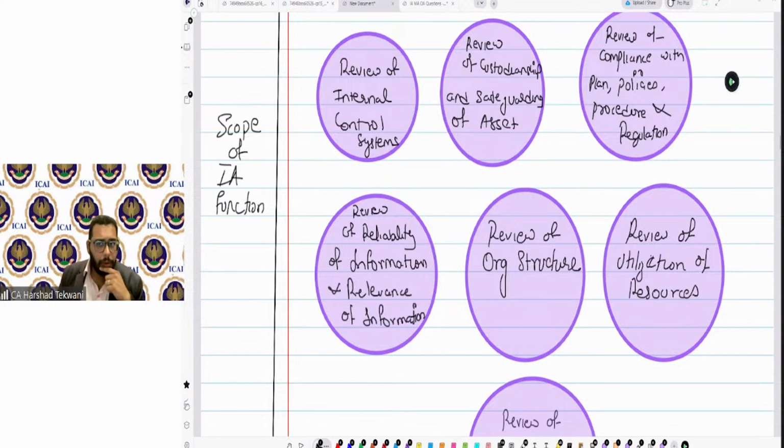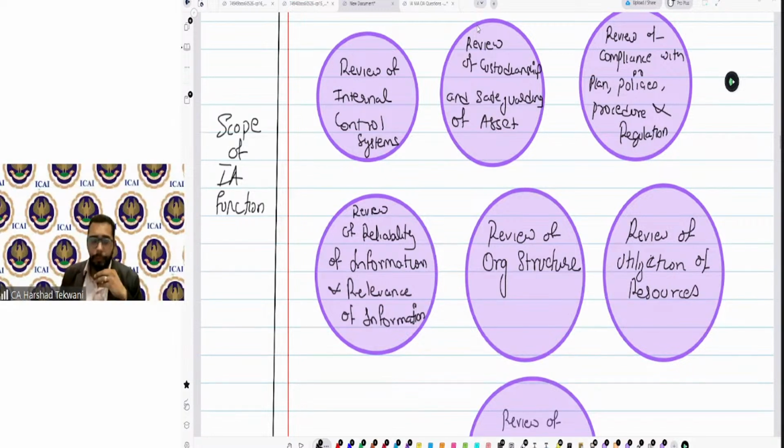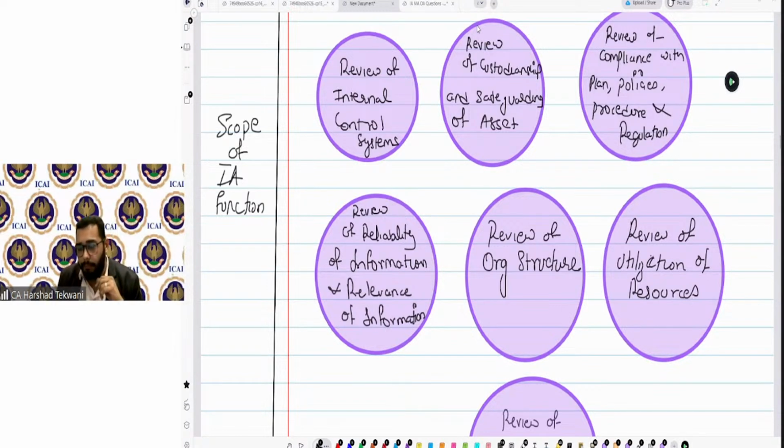What will internal audit do in the review of reliability and relevance of information? How is that relevant from the internal audit's point of view? Anyone?